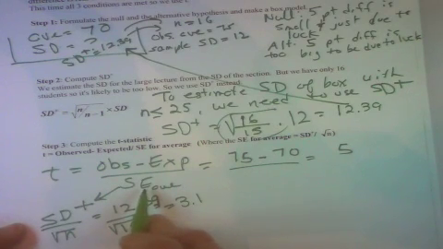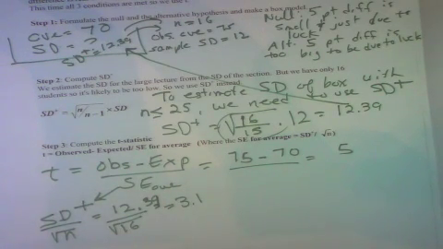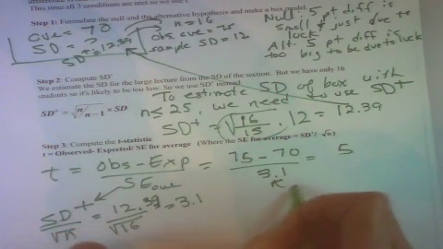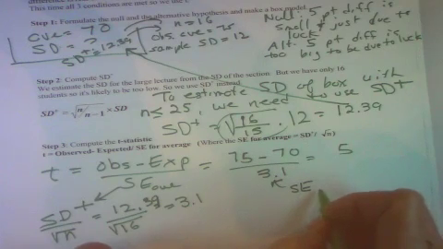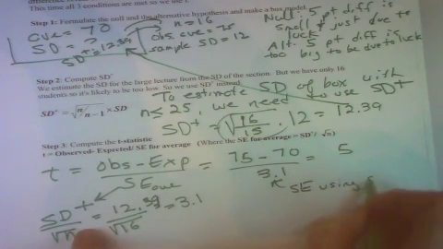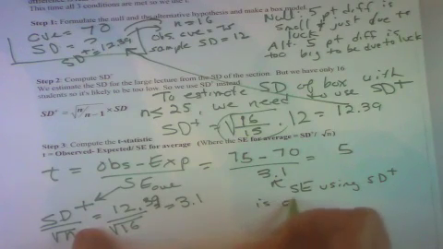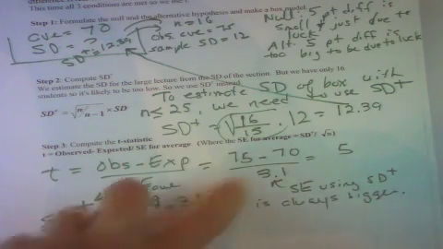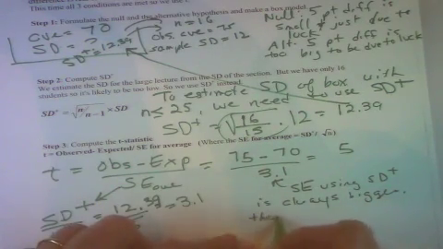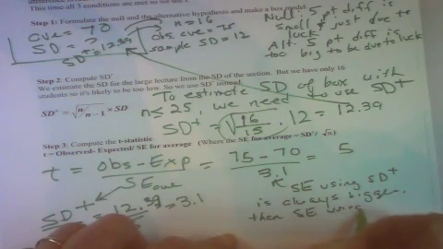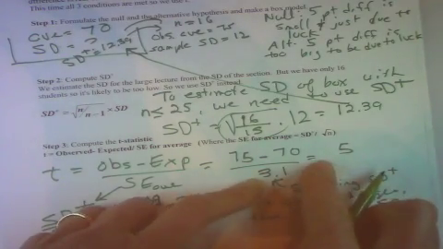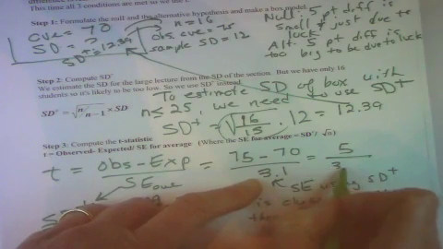Just think, with t you have more uncertainty. You don't know the SD, so you're going to have bigger error. So you're not going to have 3, you're going to have 3.1. The standard error using SD plus is always bigger than the standard error using SD, which means our t is going to be smaller because we're dividing by a bigger number.